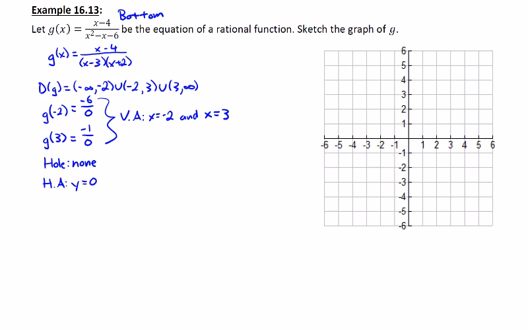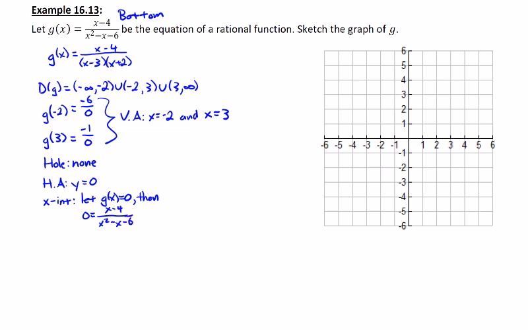Going on to the intercepts calculation. For the x-intercept, I will let g of x be equal to 0, which is then going to give me 0 is equal to x minus 4 over x squared minus x minus 6.